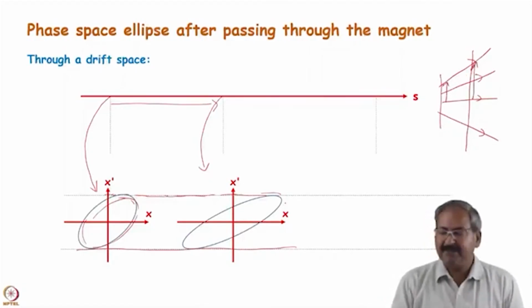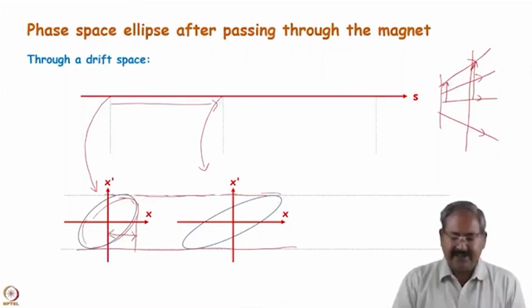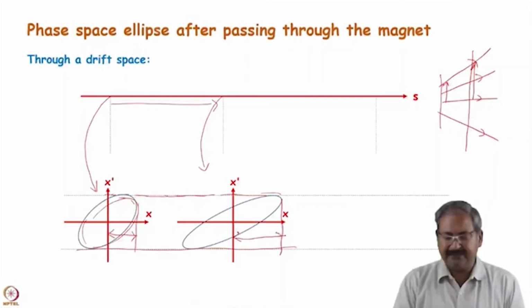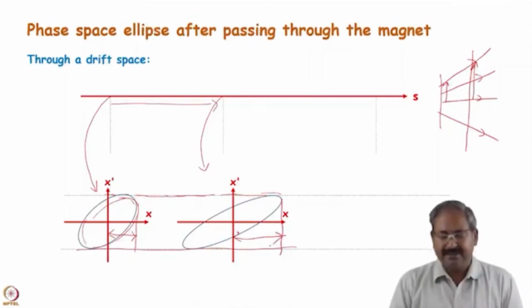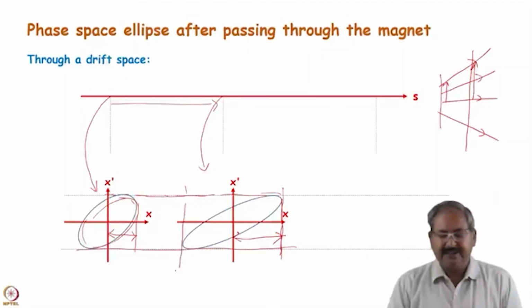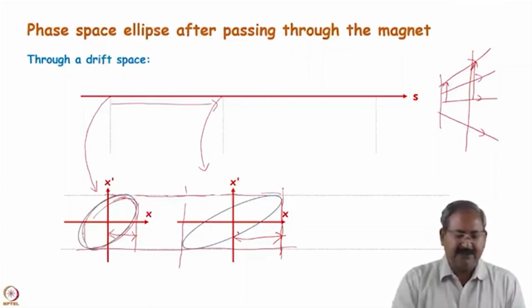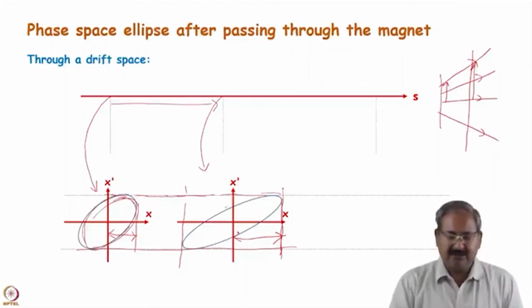Here the maximum amplitude was this, and here it has increased to this value. So the ellipse will be bounded between these points. Now draw an ellipse between these boundaries, keeping the area the same as this ellipse. Because this is now elongated, the width of this ellipse will be reduced. So this is the ellipse at this location.